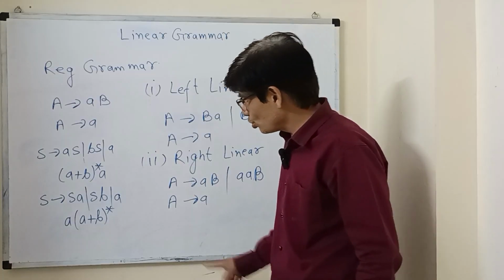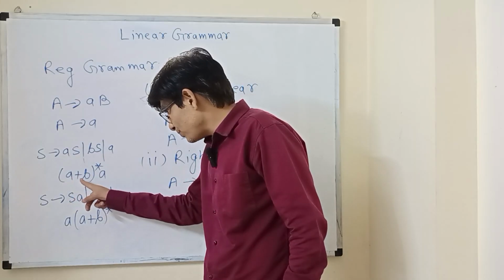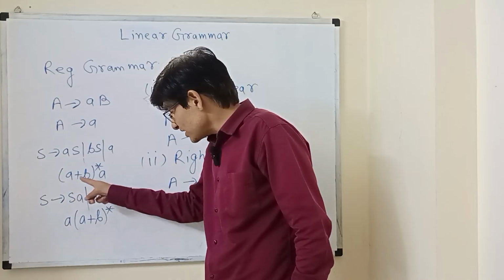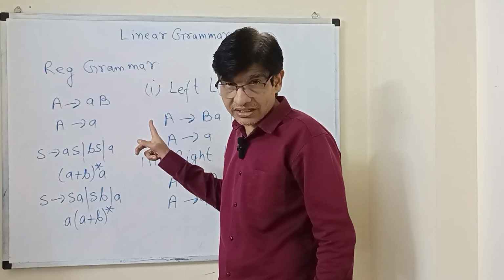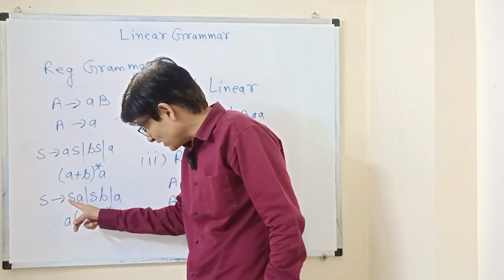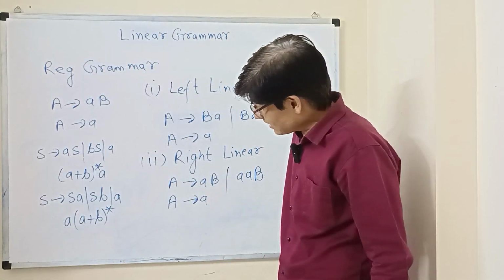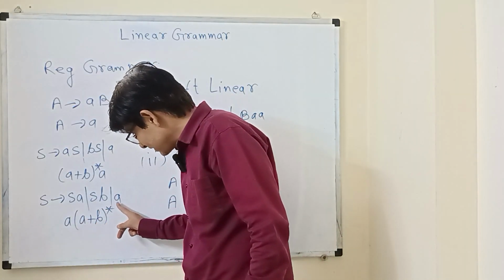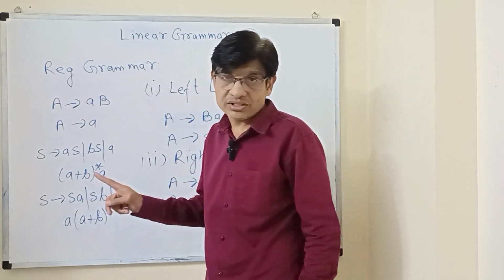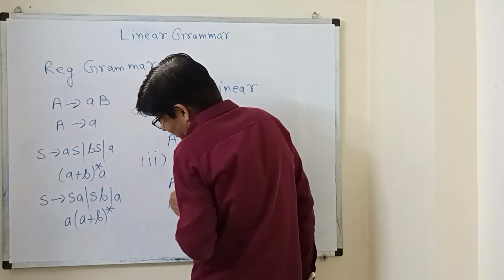Now you can notice, friends, the language of the right linear grammar was (a+b)* followed by a, all strings of a and b ending with a. If I convert this right linear grammar into left linear grammar just by reversing the right hand side of each production, the language generated by this grammar will also be reversed, or you can say it is the reverse of the original language.